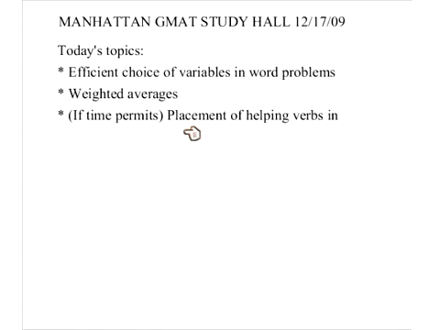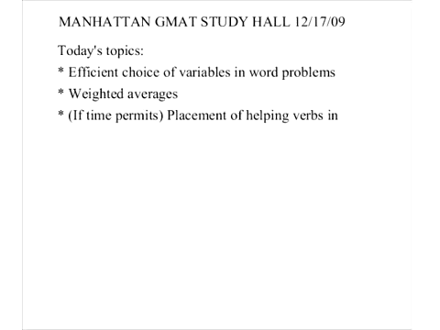So again, here are today's topics for the study hall. We're going to talk about how to choose variables most efficiently in order to solve word problems. As far as the advanced or basic level of these topics, this is a somewhat mid-level topic. Our discussion of weighted averages today is going to center around a shortcut for weighted averages.